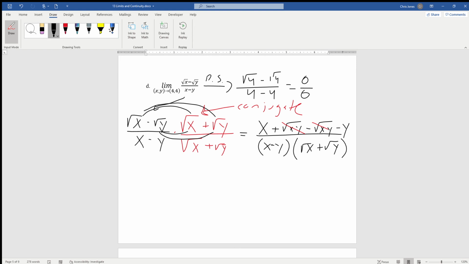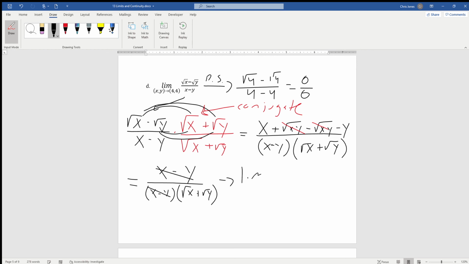Okay. And so, again, we still have the algebra. We're not dealing with the limit yet. We have x minus y in the numerator, and the quantity x minus y times root x plus root y in the denominator. The x minus y's are going to cancel, and now we can apply the limit.